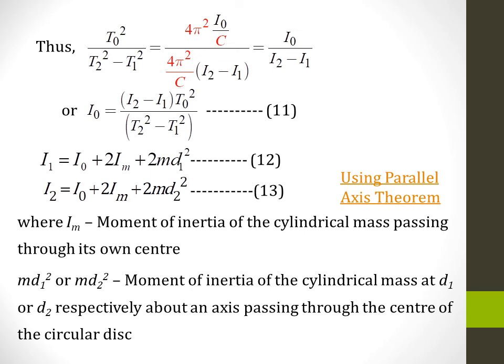Im stands for the moment of inertia of the cylindrical mass passing through its own center, while M d1 square or M d2 square are the moments of inertia of the cylindrical mass at d1 or d2 respectively about an axis passing through the center of the circular disc.